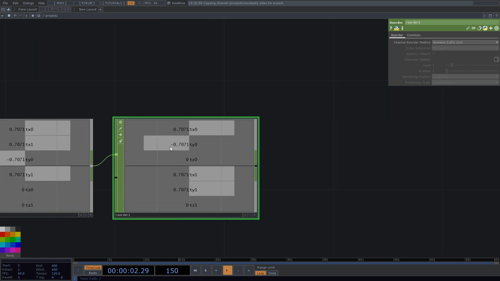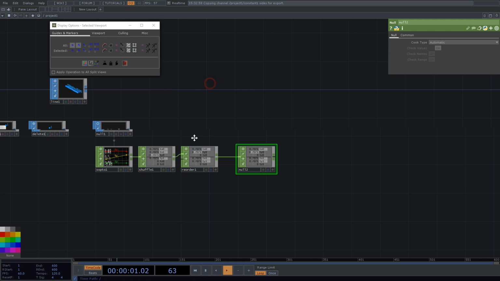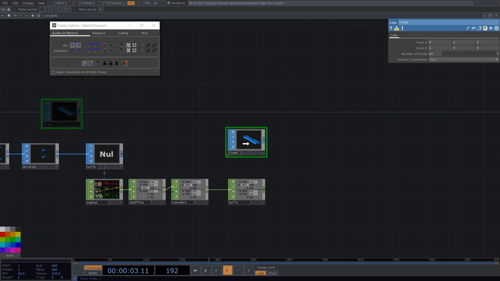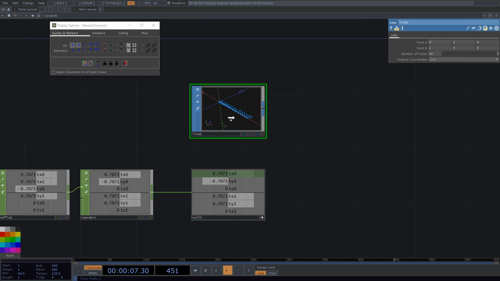So now I have at the top the first point, and at the bottom the second point, and I use that for building my line here. So I'll take the first point, and obviously t, z, it's 0, we leave it like that.